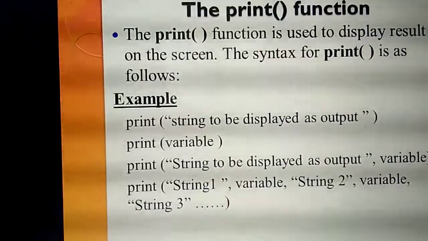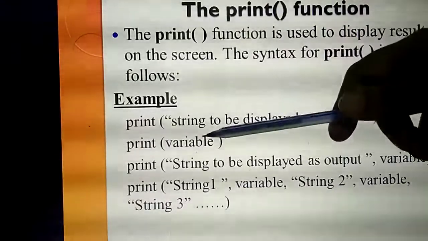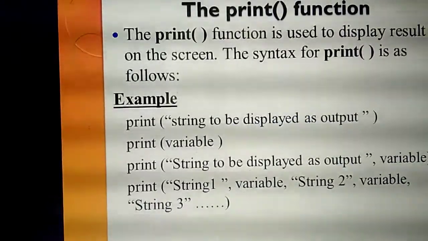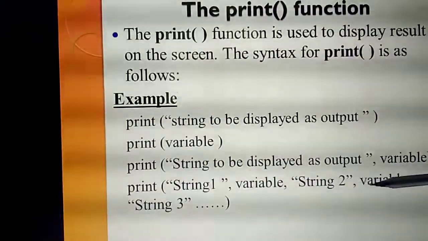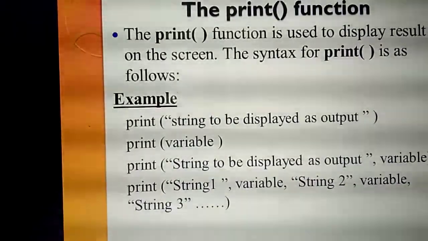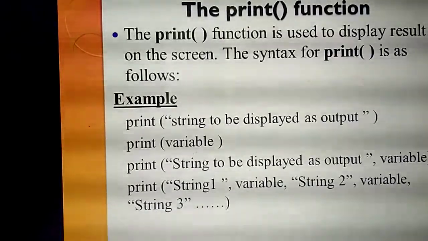For example, printf of A. That means you have already given some value for A, and now you are going to print the variable A. Next, printf of a string and a variable, meaning the string you give as output along with the variable. This is given in the next slide, and I will explain with an example. Then only you will understand.